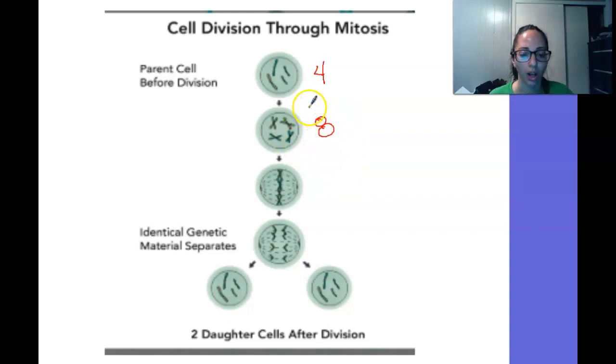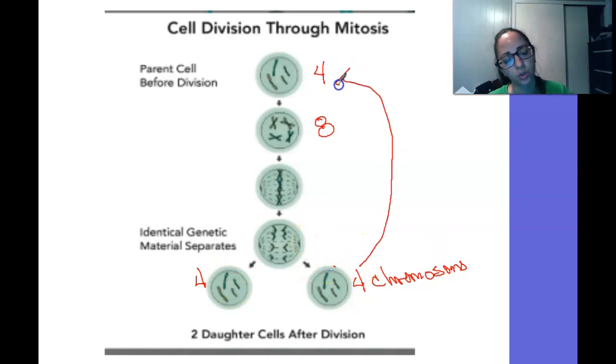While this cell goes through mitosis, metaphase, anaphase where they separate, and then telophase and cytokinesis, those cells divide. That means each one is going to have 4 chromosomes.